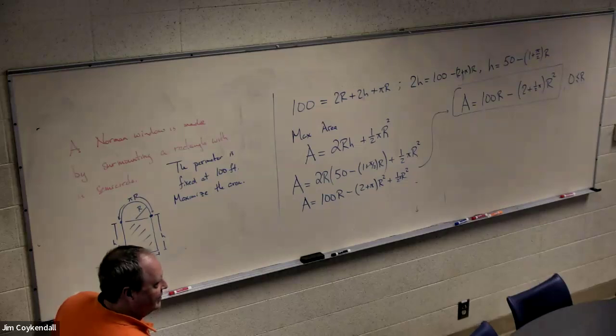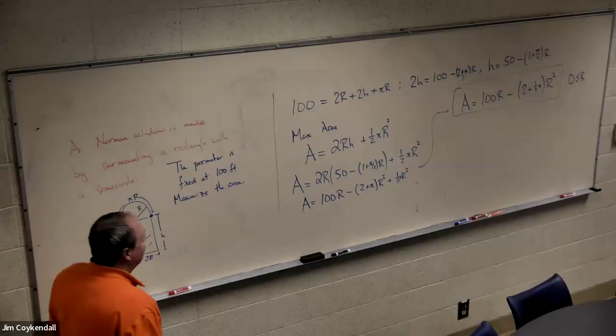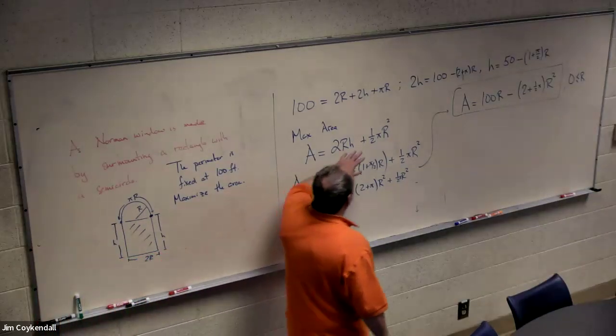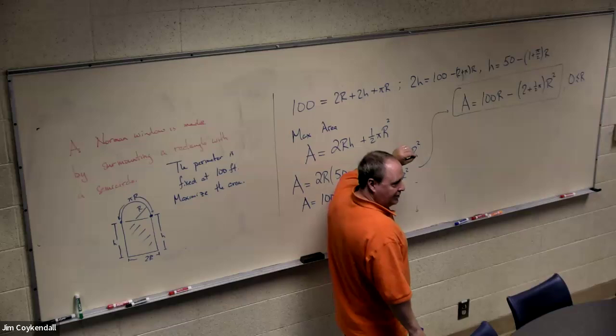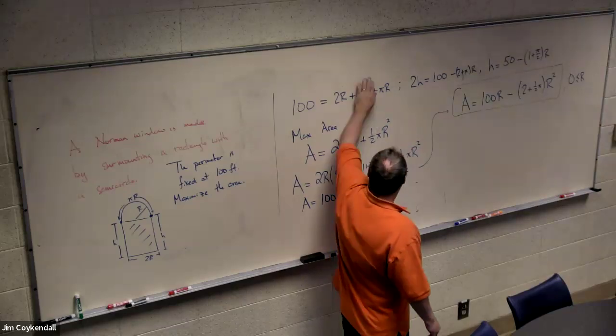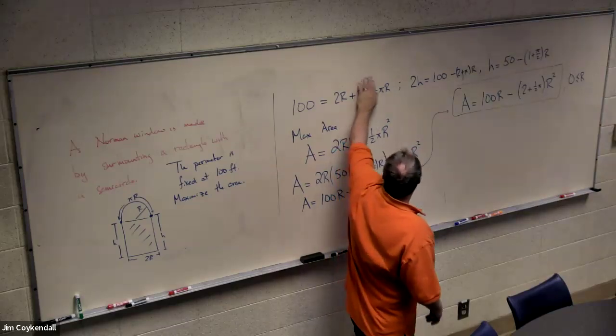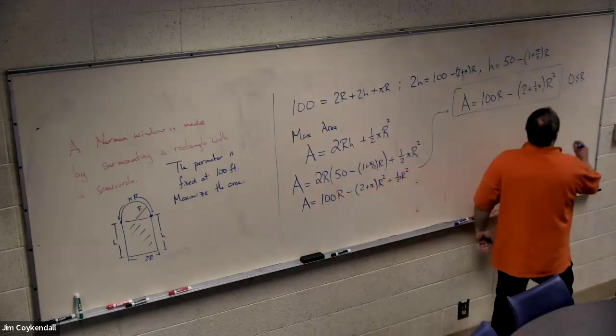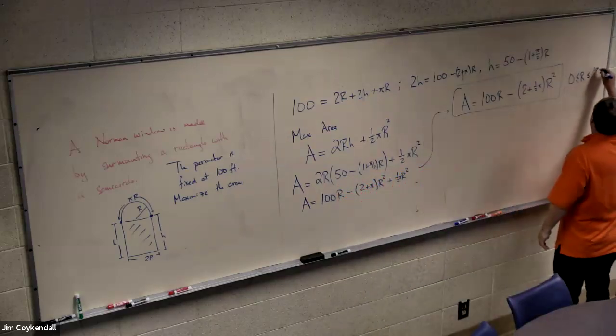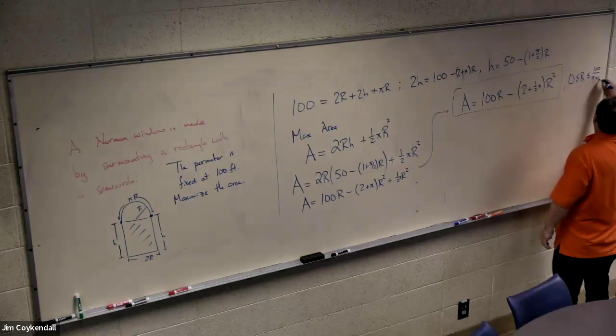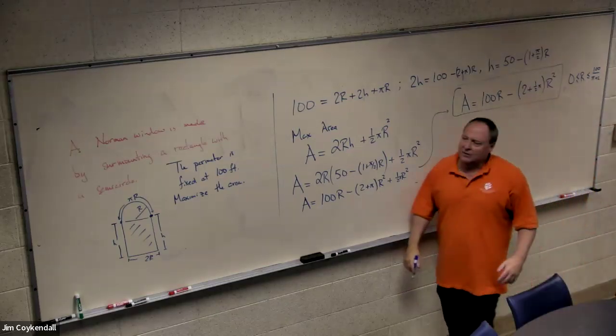What happens is H goes to 0. The smallest H can be is 0, it can't be negative. If that's 0, then R is 100 over pi plus 2.